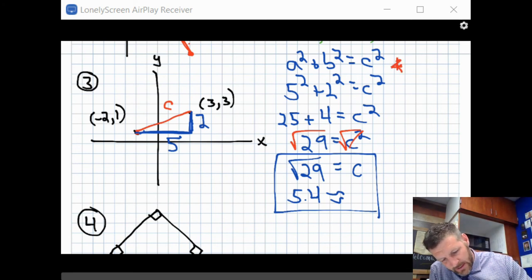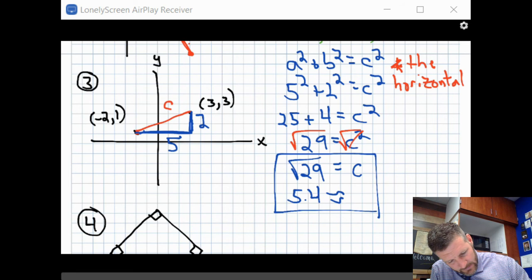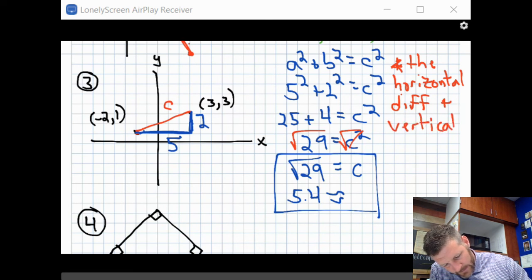So I'm going to say the horizontal change, difference and vertical difference equal legs of a right triangle.